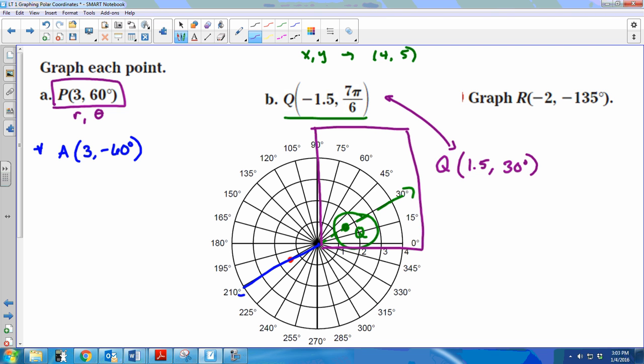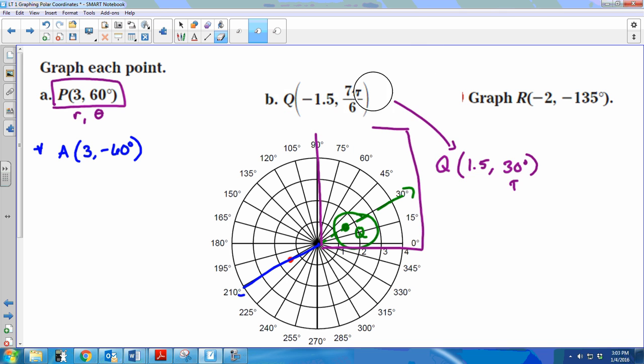There's going to be multiple representations of the point. Remember, if you're talking about circles, we can keep adding 360 degrees and keep getting coterminal angles. So technically, I could keep adding 360 degrees to this 30-degree angle, and so I'm going to have infinite points that are all in the similar location. They're all going to be on coterminal rays. So you have multiple representations of the same point.